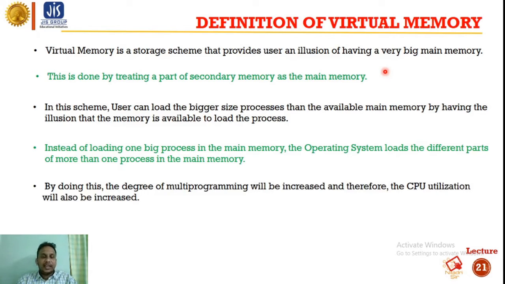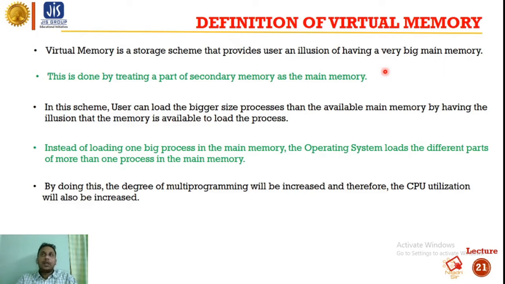By doing this, the degree of multiprogramming will be increased and therefore the CPU utilization will also be increased. The degree of multiprogramming means that we can execute multiple processes at the same time.